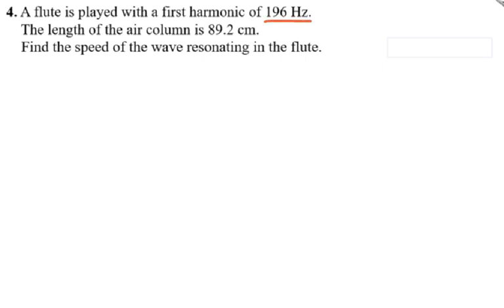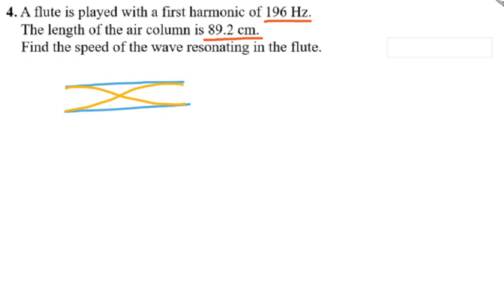The length of the air column is 89.2 centimeters. Find the speed of the wave resonating in the flute. So I have the flute, both sides are open, and the first harmonic looks like this.